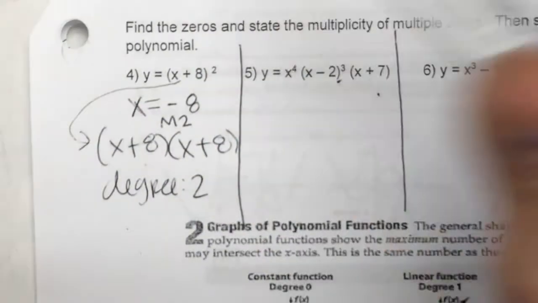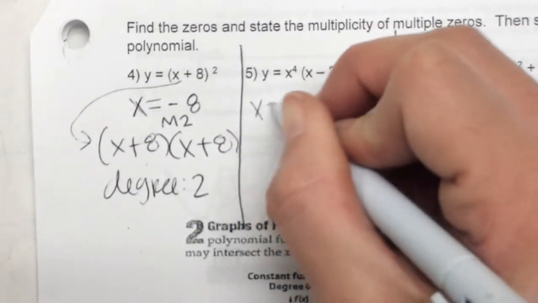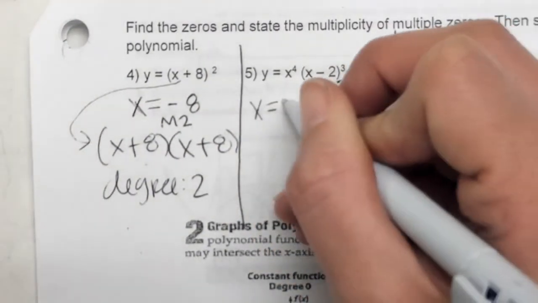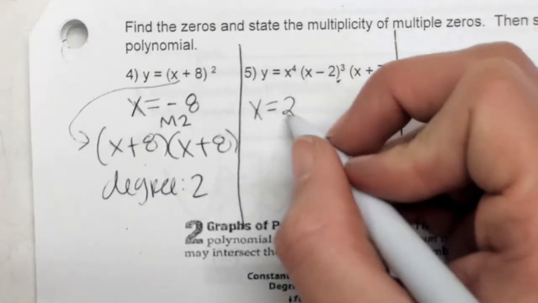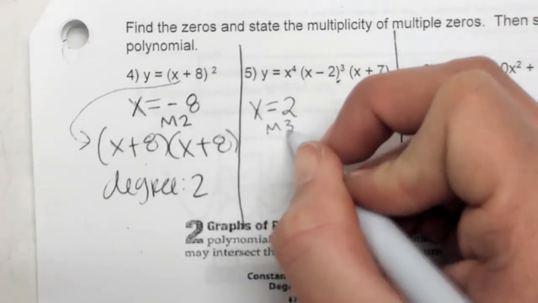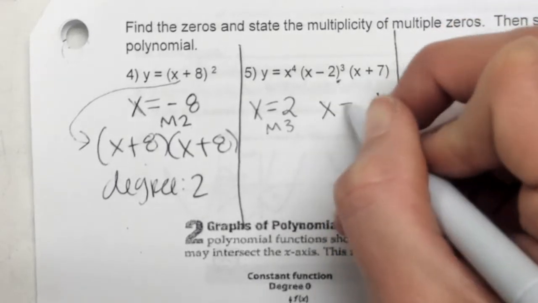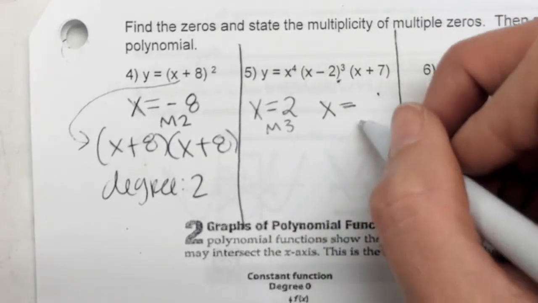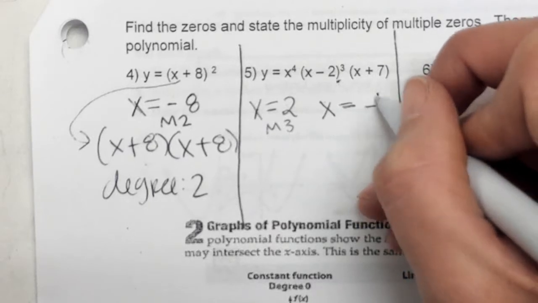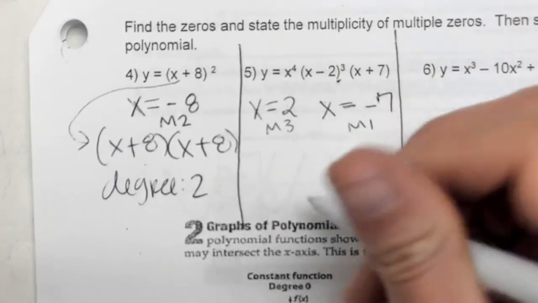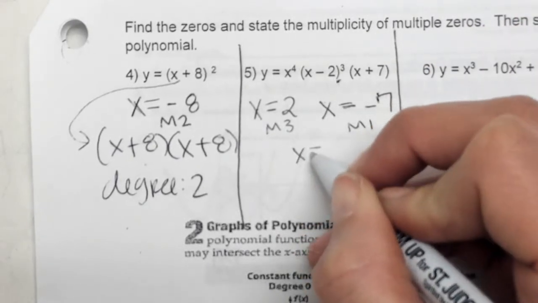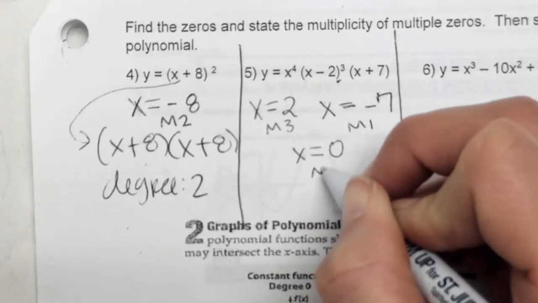Alright, this next one, tell me one of the zeros. I heard 2. What's the multiplicity of this? 3. Very good. Because the exponent is 3. What's another 0? What's the multiplicity? Good. Last 0? Multiplicity of? 4.